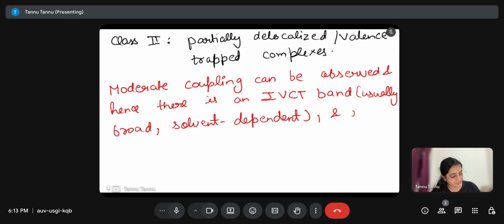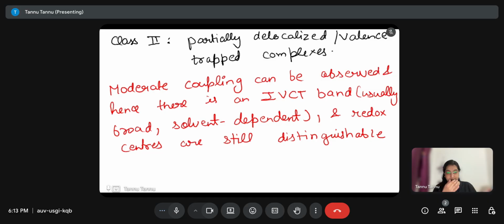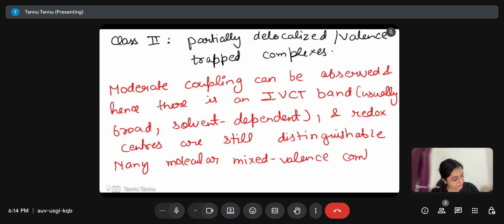But the redox centers are still distinguishable, and many molecular mixed valence compounds fall under this category.